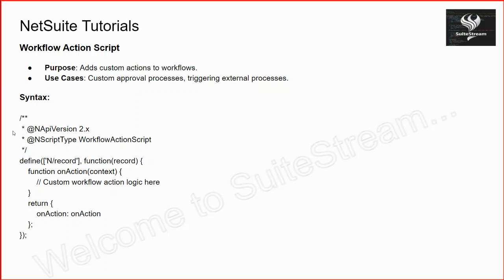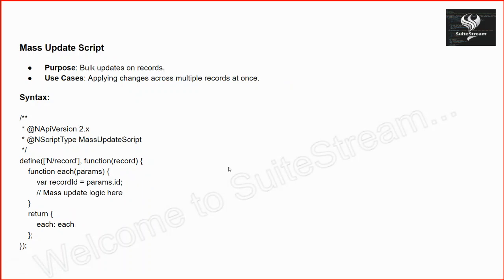Here we can implement our logic and describe what we need to do. Based on that we define our required logic and deploy the script. These are just overviews; we'll learn in detail in upcoming videos.